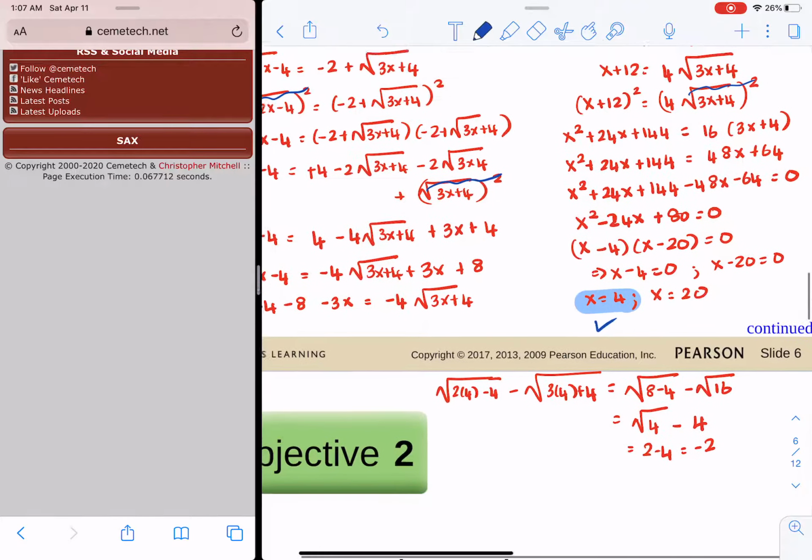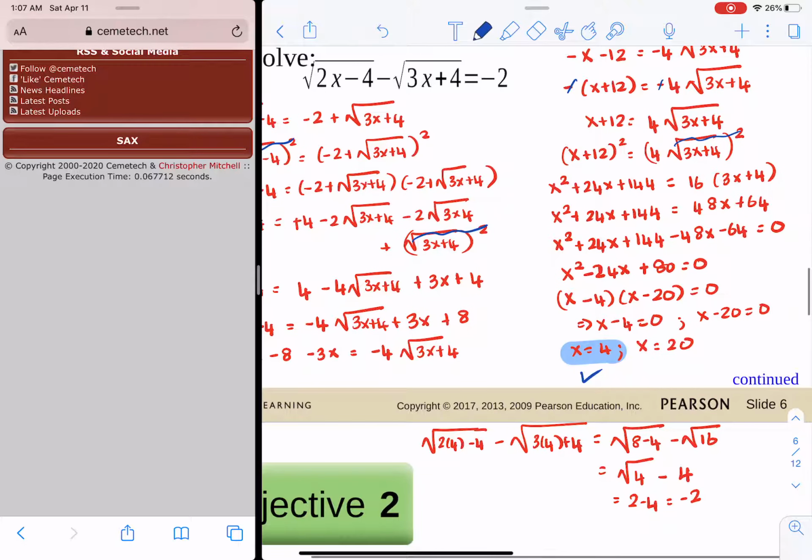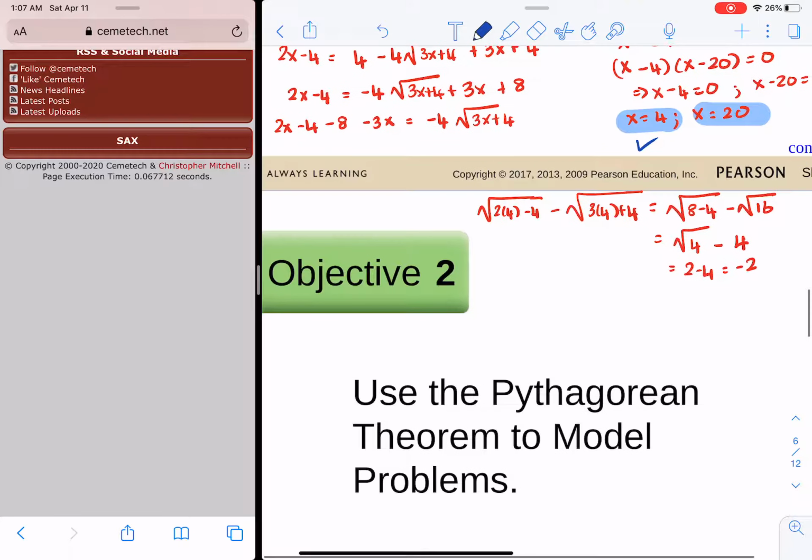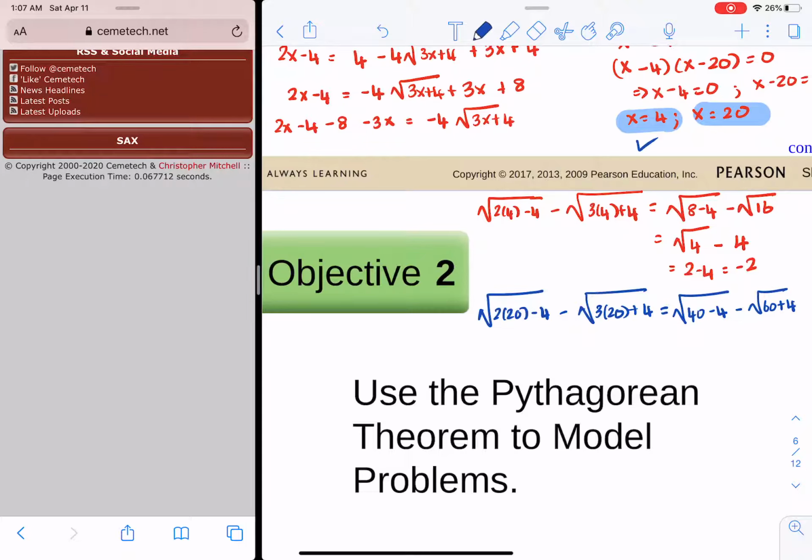So now I'm going to plug in the next solution, which is 20, in the equation. Square root of 2 times 20 minus 4 minus square root of 3 times 20 plus 4, which equals square root of 40 minus 4 minus square root of 60 plus 4, which is square root of 36 minus square root of 64.